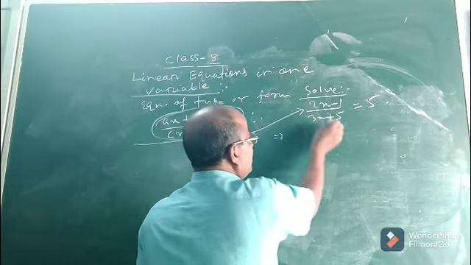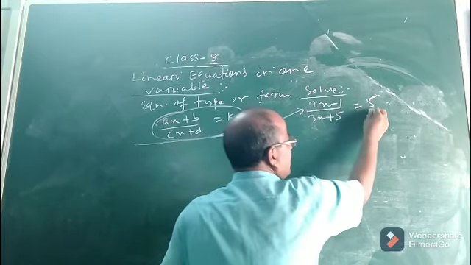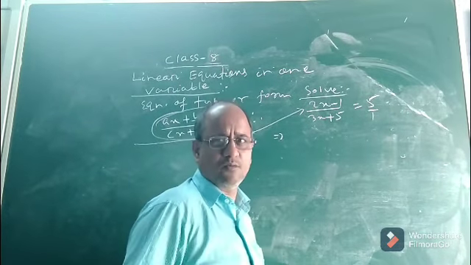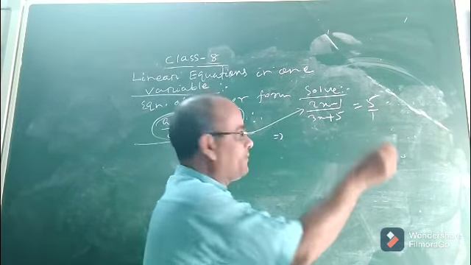Now to solve this type of equation by cross multiplication, note that 5 has denominator 1.